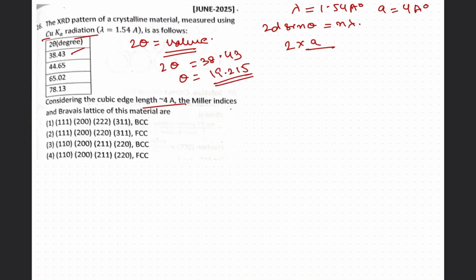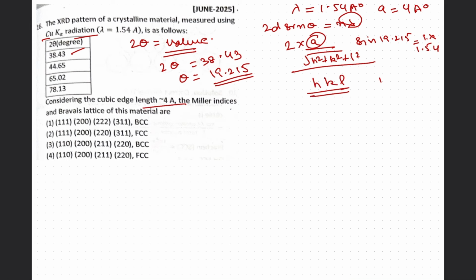So 2d is a upon root of H square plus K square plus L square, times sin 19.215, and lambda is given as 1.54. From here you will evaluate, putting the value of a, the HKL. Here it will come 1 1 1. Similarly, using the second, third, fourth, the HKL values will become, firstly for the second it will be 200.